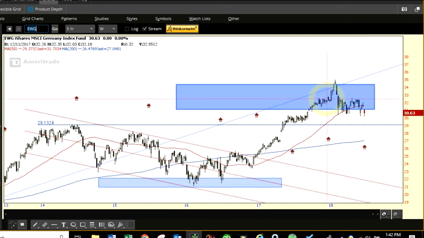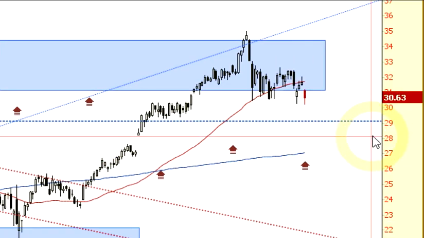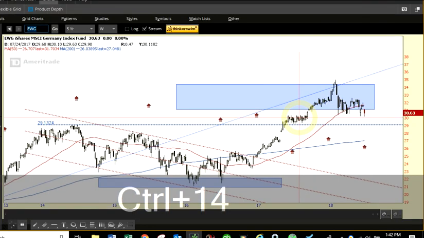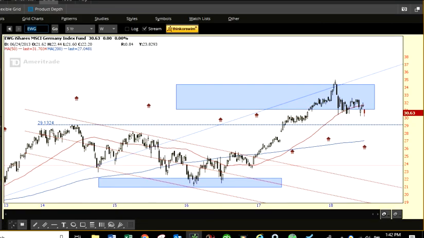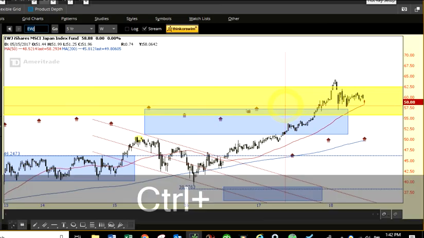All right, here's Germany. You can see Germany now is definitely weaker than the U.S. market. We had a big gap down, big sell-off, and a little bit of a run back up. But Germany definitely looks weak. You've got Japan, which looks a little weaker than our market.